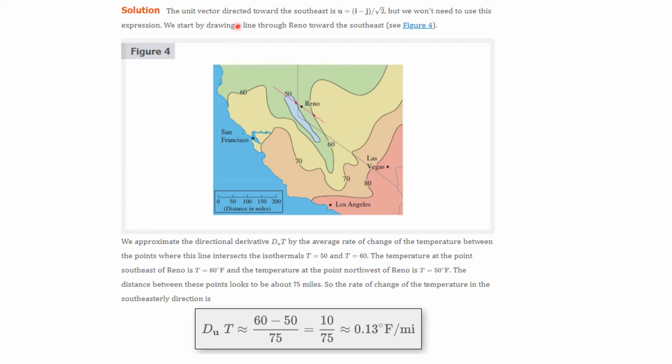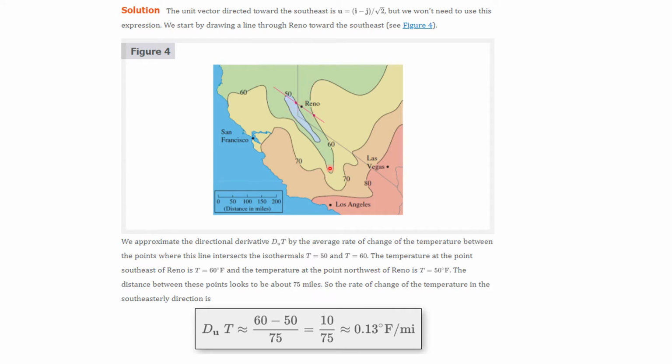Okay, the unit vector directed southeast is i minus j, divided by the square root of 2 to make it into a unit vector. But we're not really using a calculation here, we're just doing an estimate. We're looking at Reno, and nearby Reno there was an area where the temperature was 50 degrees.